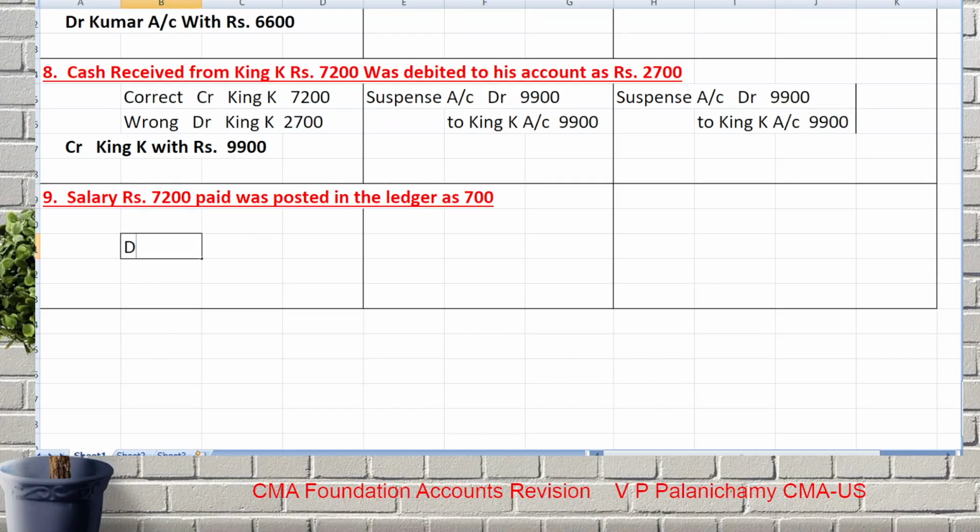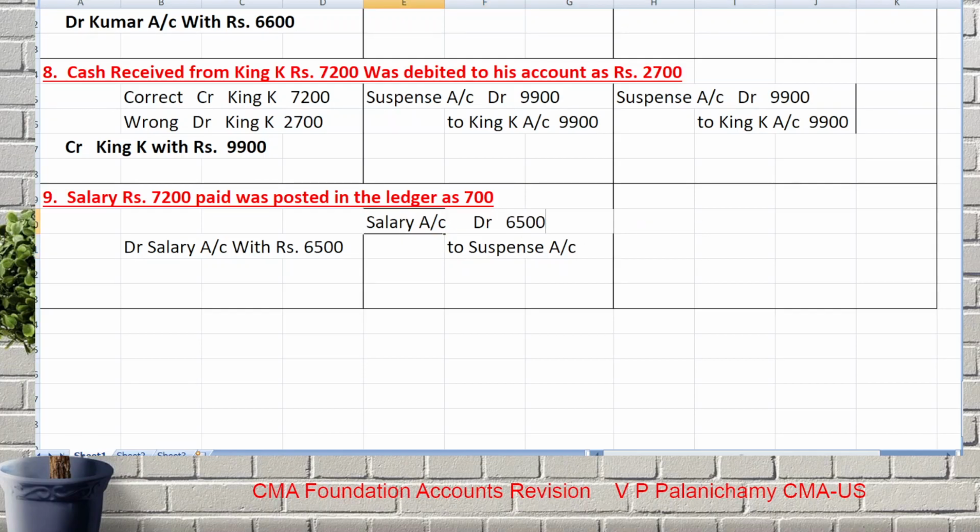If it is before trial balance, debit salary account with the difference. How much is the difference? 6500, 7200 minus 700. If it is after trial balance, what will you do? Salary account debtor to which account? Suspense account. How much amount? 6500. Salary account debtor to suspense account 6500.